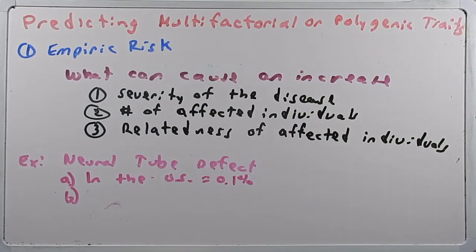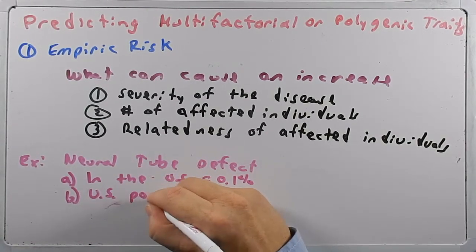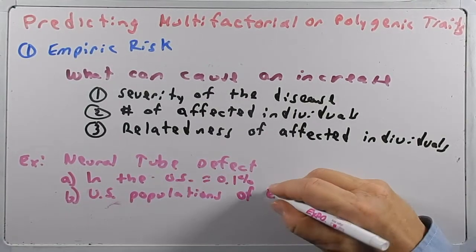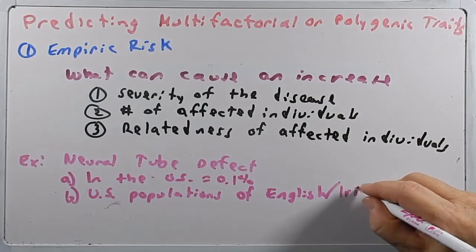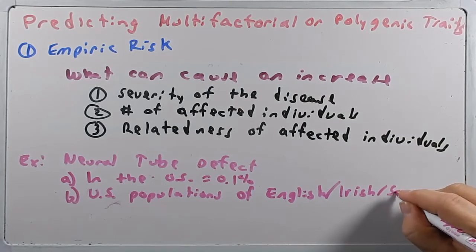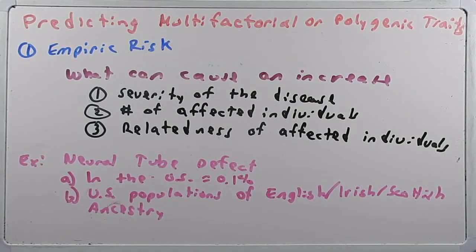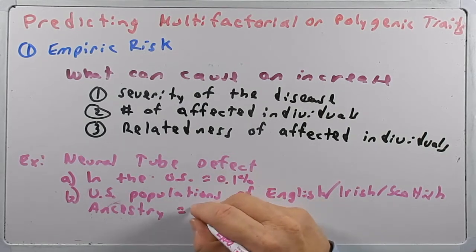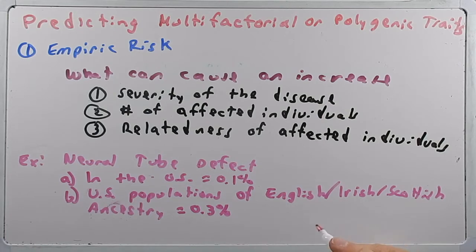But if you narrow this down to, say, US population of English, Irish, or Scottish ancestry, that number goes up to 0.3%. Now that change in empiric risk doesn't seem like it's huge, but it does triple. So that is a pretty big increase.